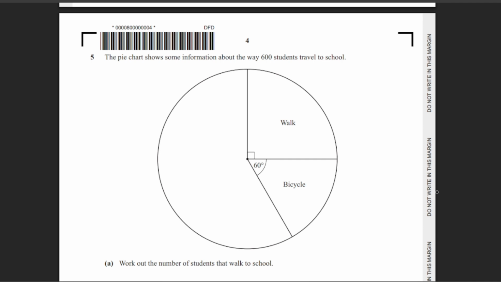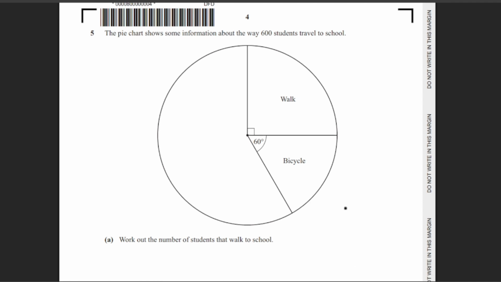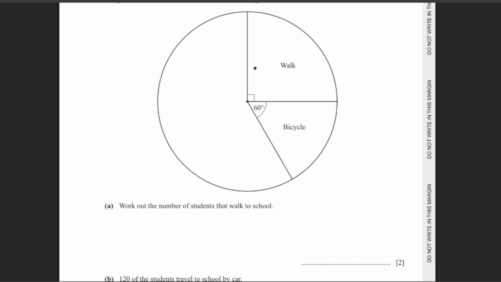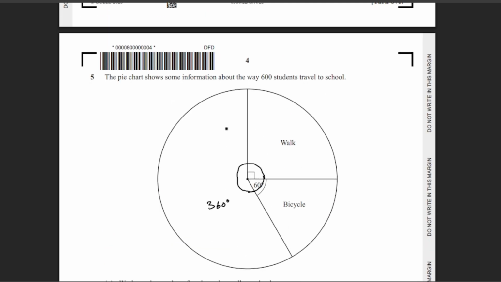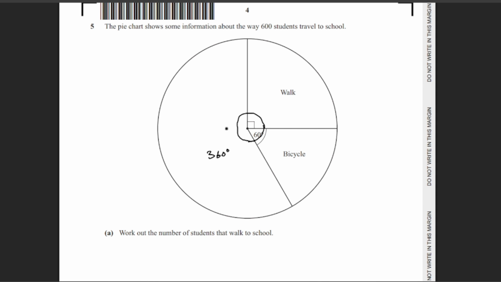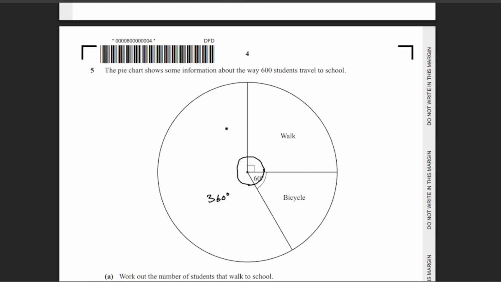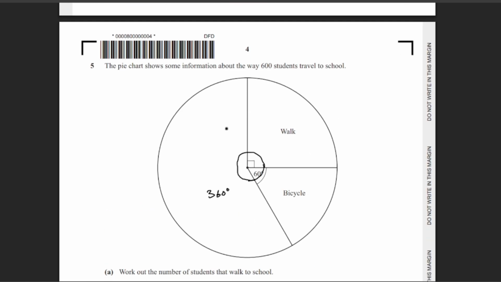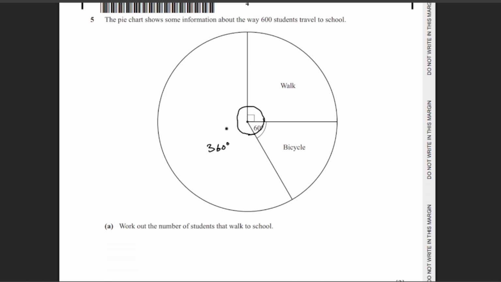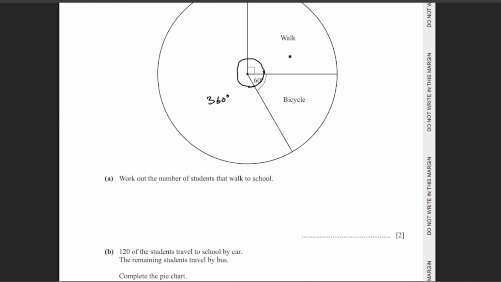Okay, the pie chart shows some information about the way 600 students travel to school. Work out the number that walk to school. Okay, so if 600 students is equal to this entire thing, which is 360 degrees, how many students would be represented by 90 degrees, because we need to find the students who walk, and walking is 90 degrees.